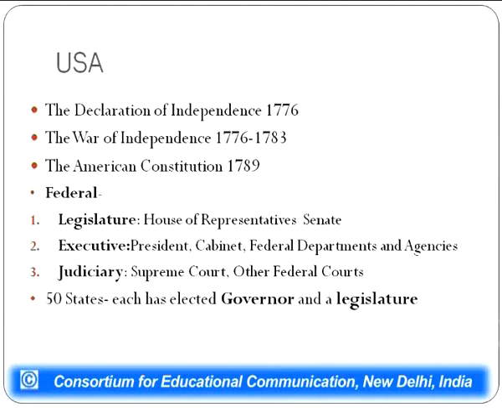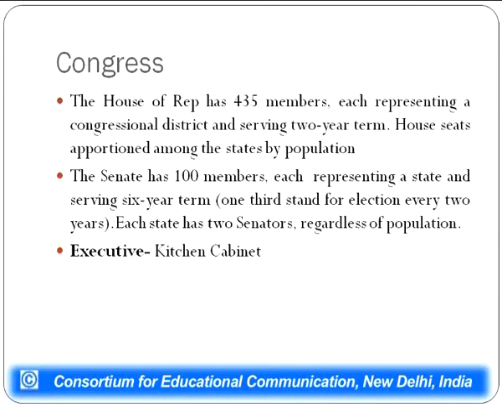The judiciary is the Supreme Court, and within it there are other federal courts. So it is a single hierarchical system of judiciary, with the Supreme Court of the United States at the apex. The units of federalism are the 50 states, which have their own elected governments, their own legislature, and their own competences.